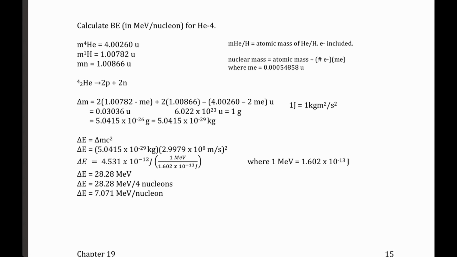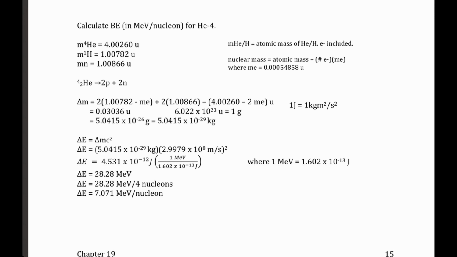So I wanted to show you how to make that calculation. Nuclear mass is the atomic mass minus the number of electrons in that atom times the mass of an electron.